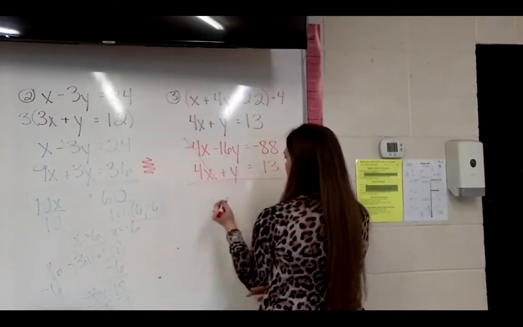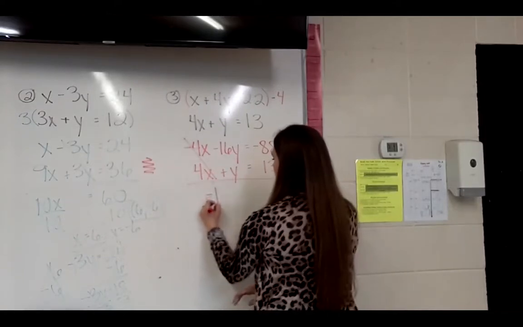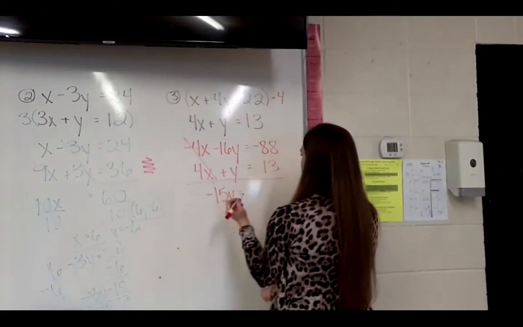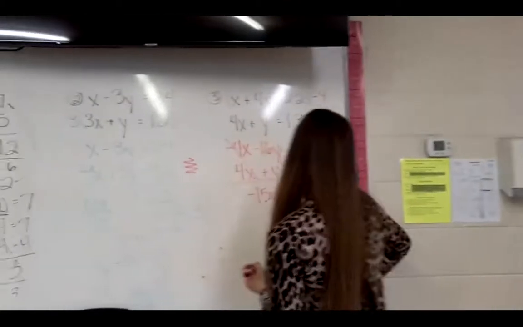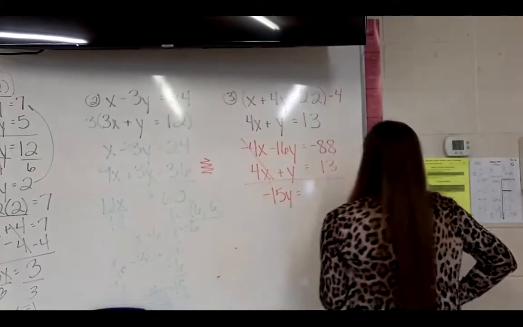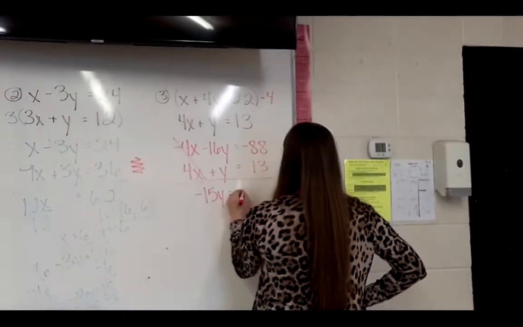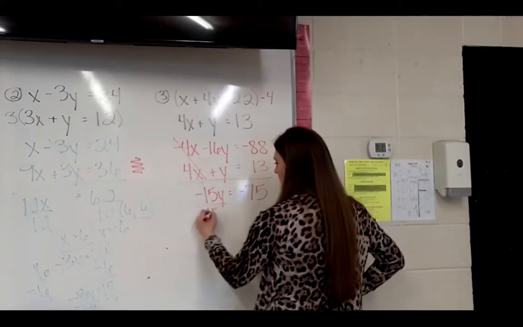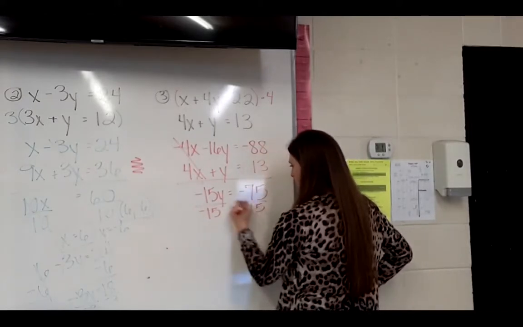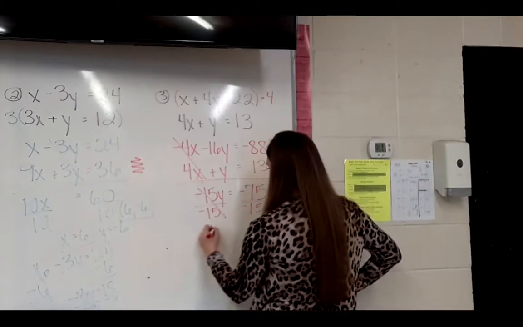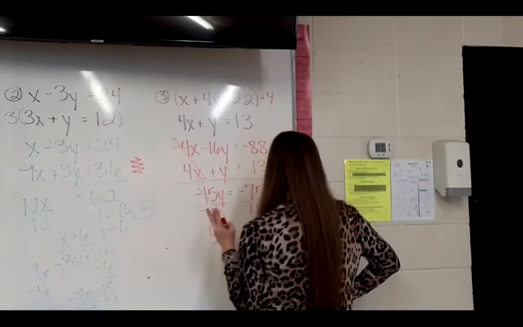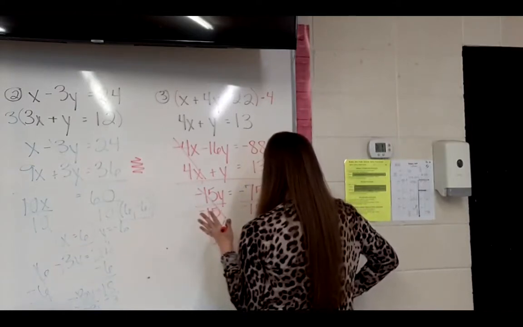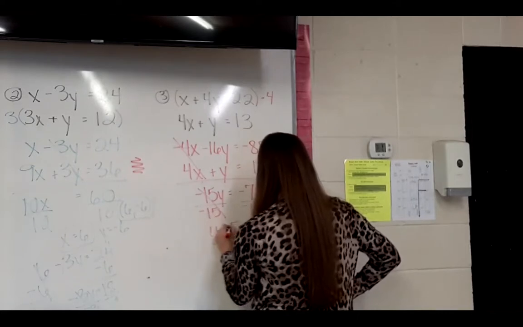I have negative 16y plus 1y, which is negative 15y, equals negative 88 plus 13. Let's see, negative 75. Okay, so now I divide both sides by negative 15. A negative and a negative is positive. 15, 30, 45, 60, 75, so 5.